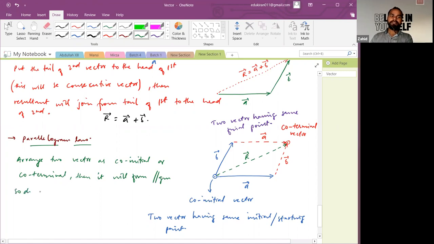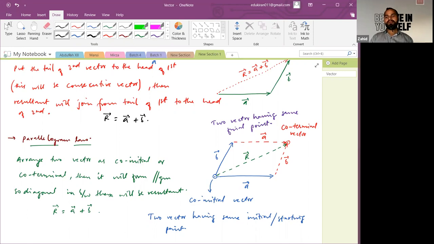So the diagonal in between them will be the resultant. So R is equal to A plus B. Is it clear?